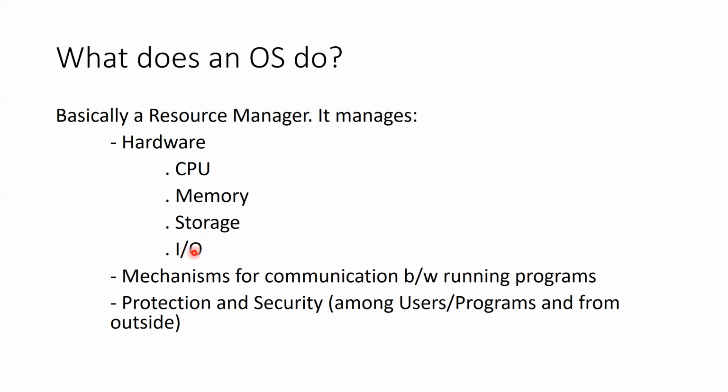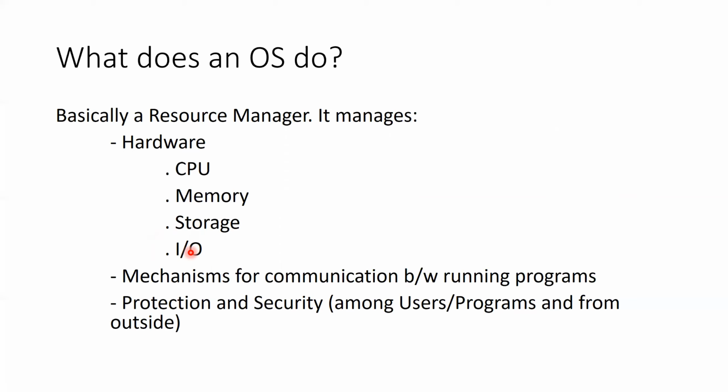I/O stands for input output. Input devices are used to give information to the system, and the system gives you some feedback or information back via the output devices. Input devices classically include the keyboard, the mouse, etc., the mic even these days.